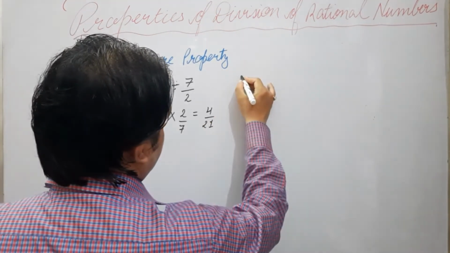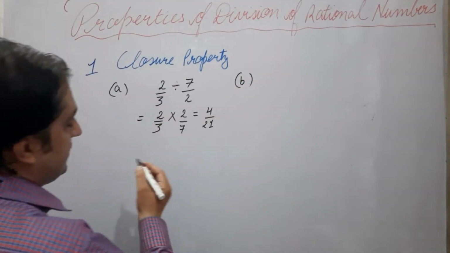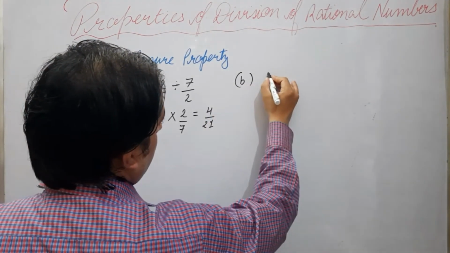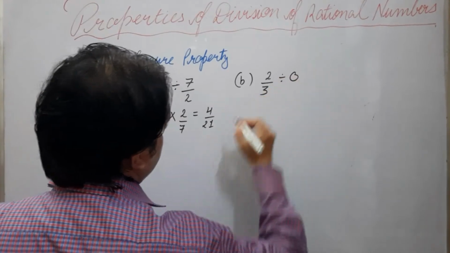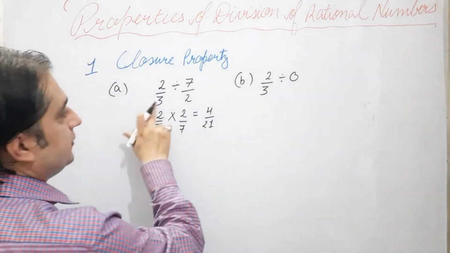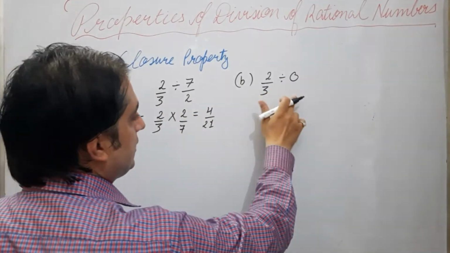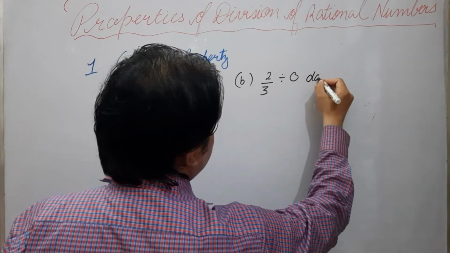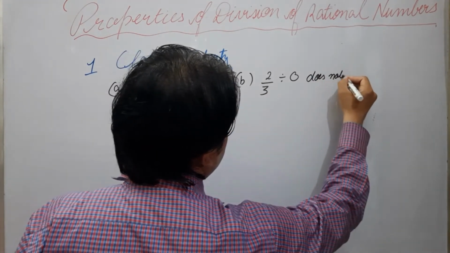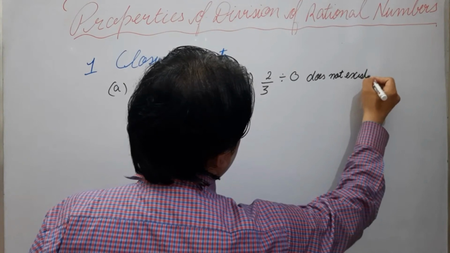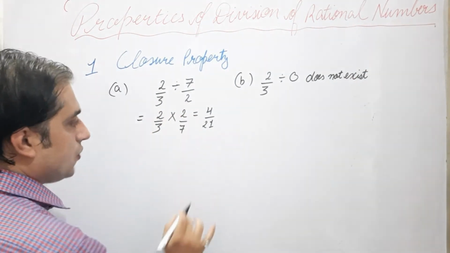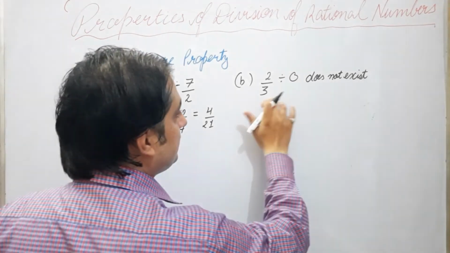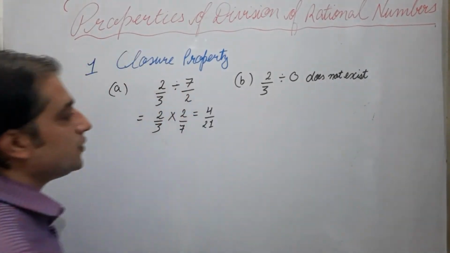If I take another example, 2 by 3 divided by 0, in this case the division of two rational numbers does not exist. In the first case the division is a rational number, but in this case it does not exist.